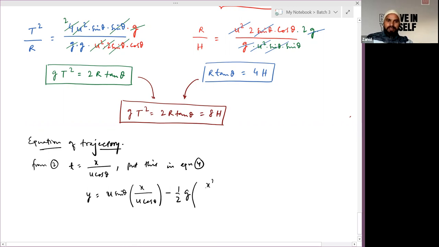So it will be x square divided by u square cos square theta. If you rearrange it, you will get u and u will cancel out. So it will be x tan theta minus g divided by 2 times u square cos square theta times x squared.